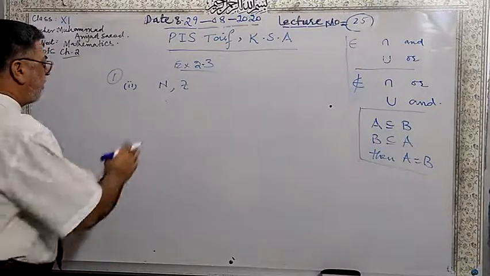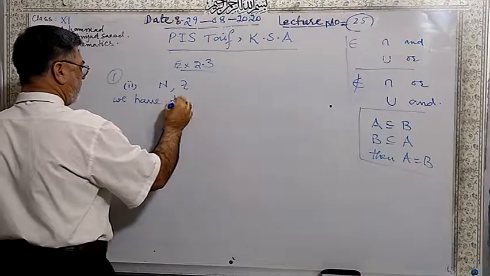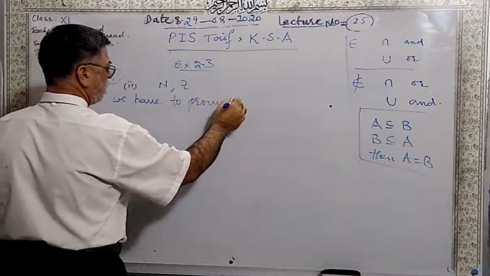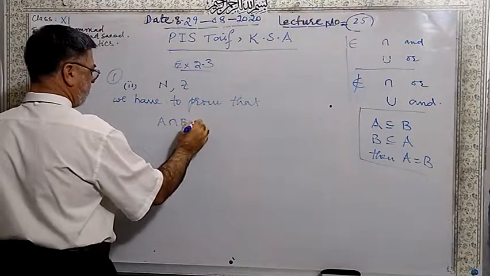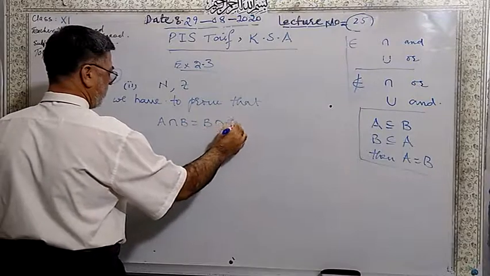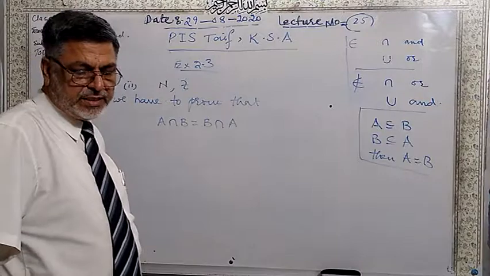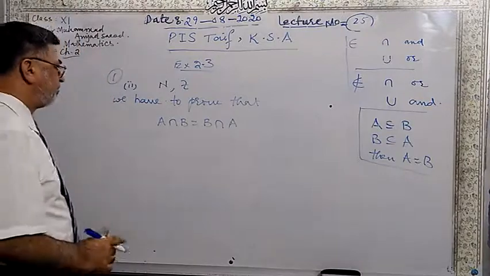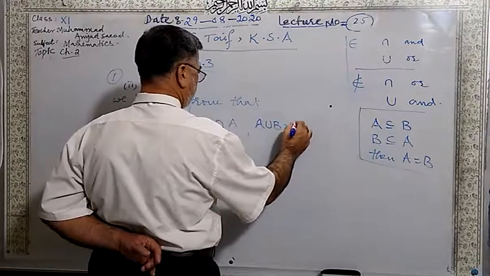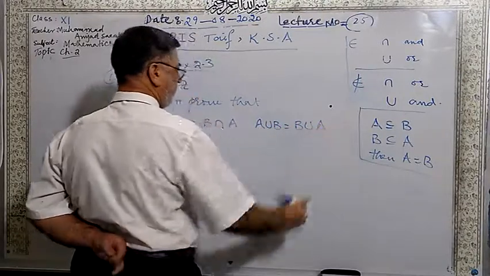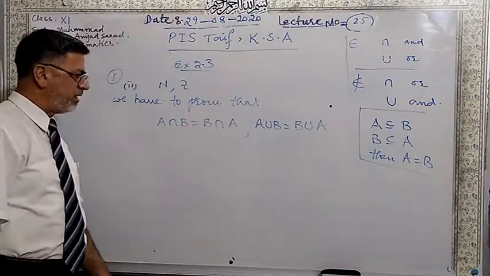We have to prove that A intersection B is equal to B intersection A, commutative property of intersection, and A union B is equal to B union A, commutative property of union.